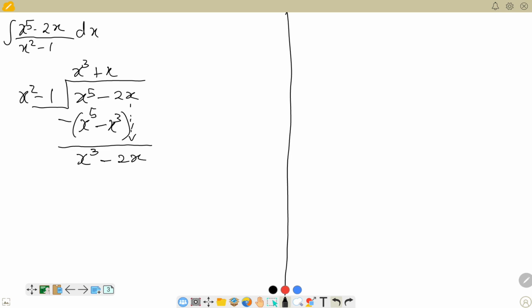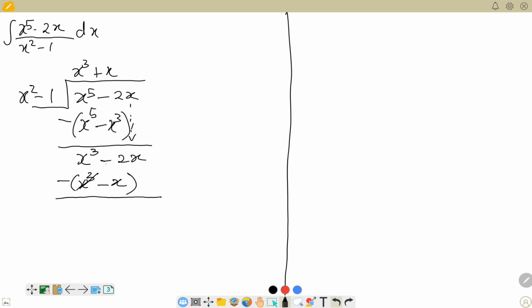We take x as we did initially. We take x and multiply by x to the power 2, we get x to the power 3. We take x, multiply by -1, we get negative x. Then when we subtract now, this is gone.